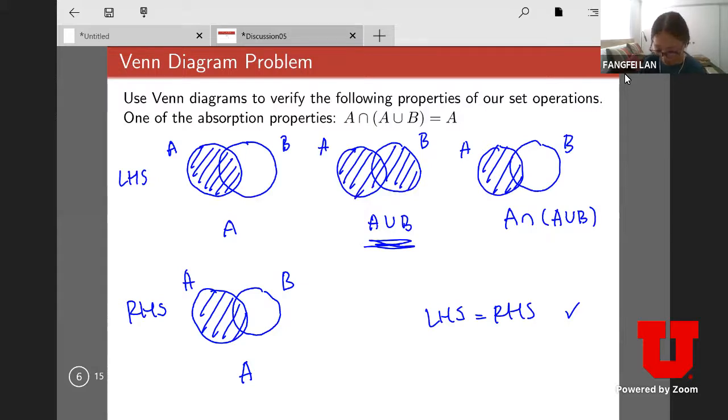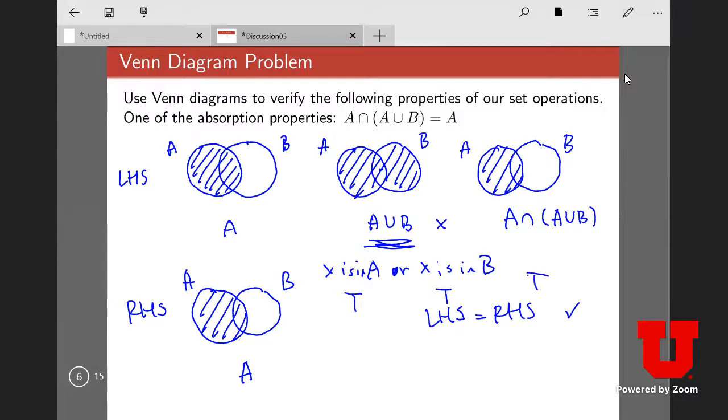That means if it's in the middle, that's in A. So if we have an element here, X is in A or X is in B. So if either of them is true, and if both of them are true, the statement is still true. Does that make sense? Yeah.